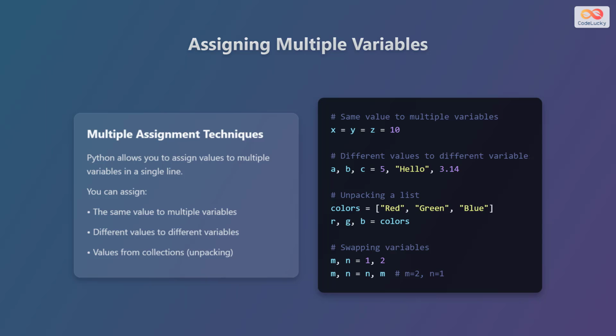In this case, the colors list is unpacked into the r, g, and b variables. Finally, you can also swap the values of two variables in a single line using multiple assignment. In this example, m and n are initially assigned the values 1 and 2 respectively. Then their values are swapped using multiple assignment, so m becomes 2 and n becomes 1.